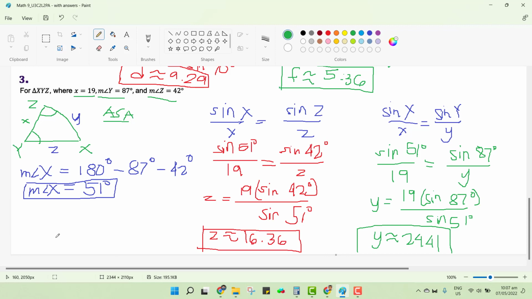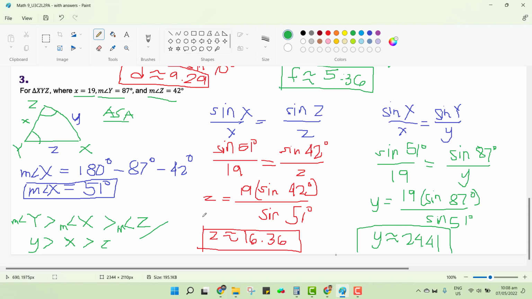According to the measurement of angles, the biggest angle is angle y, followed by angle x, which is 51, and then angle z. Since we are using inequality symbols, that would mean side Y should be the biggest, next would be side X, and the shortest is side Z. Let me check: 24.41, 19, 16.36, and that's correct. This process is actually correct.